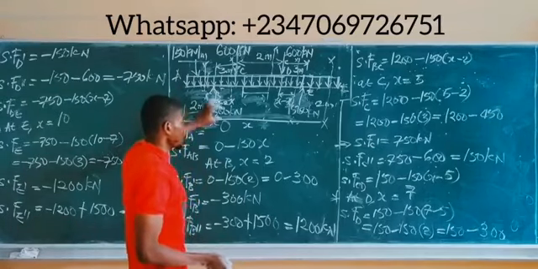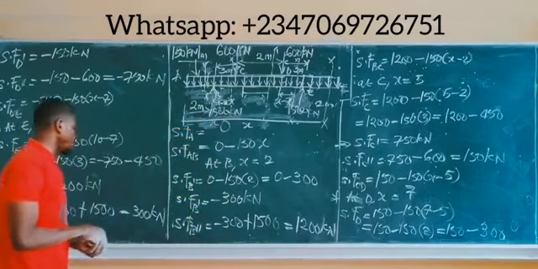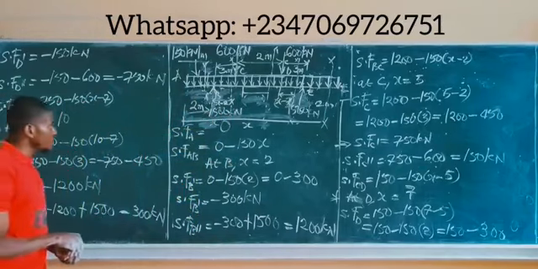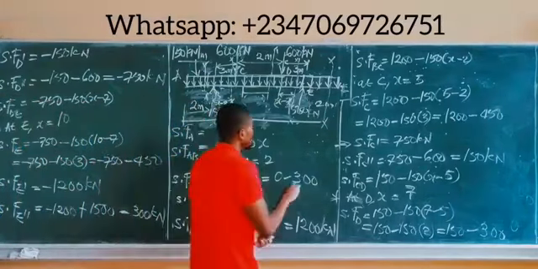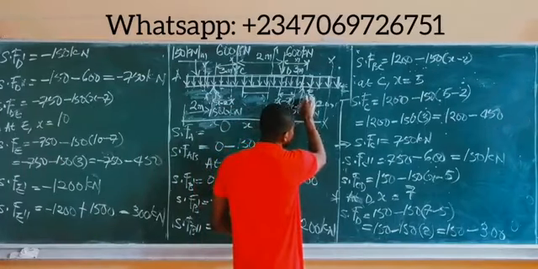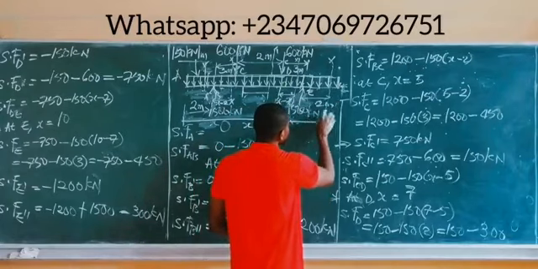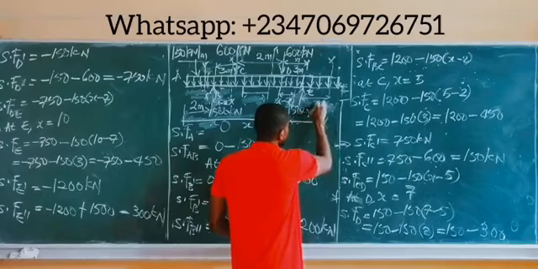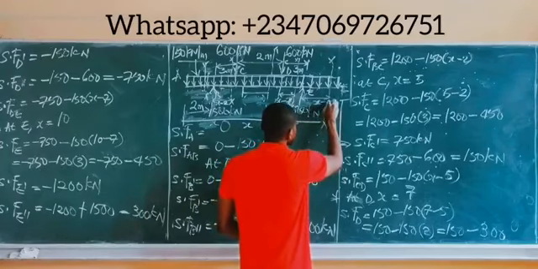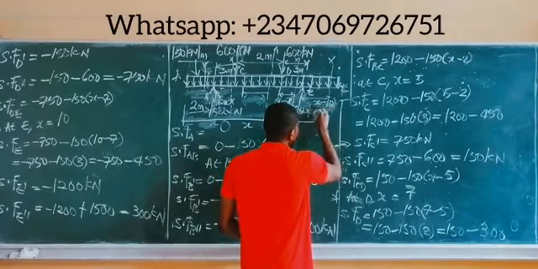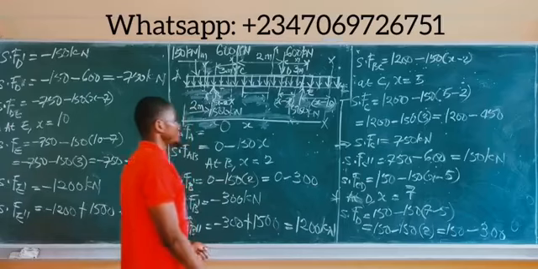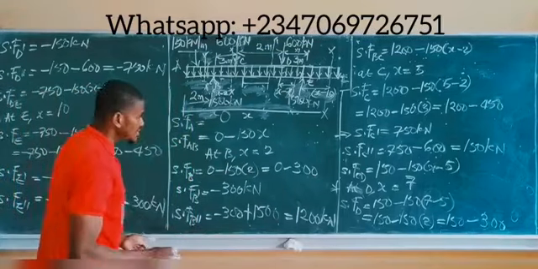So we simply take away 10 from x, and we have x minus 10, which gives us the length of the UDL at the point of section.